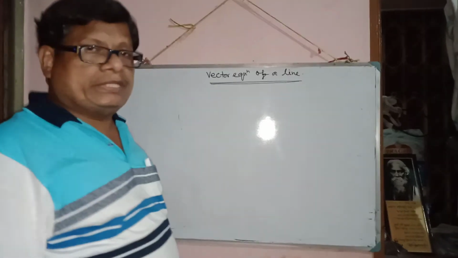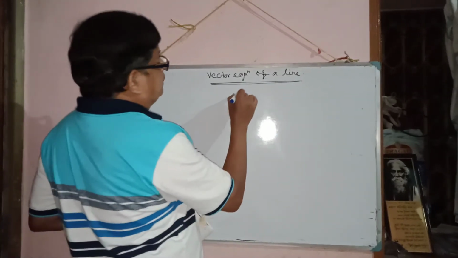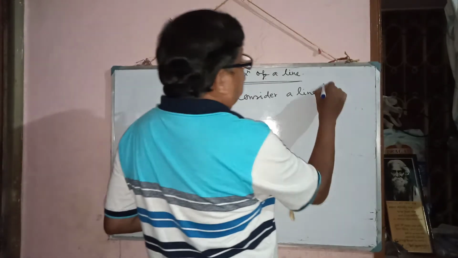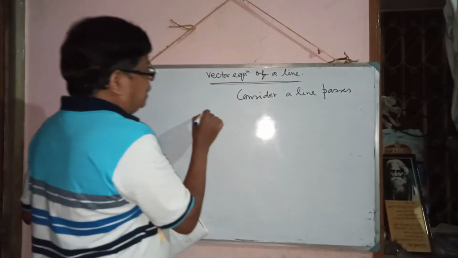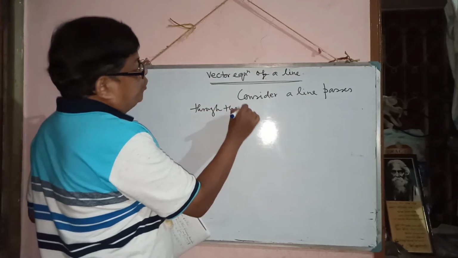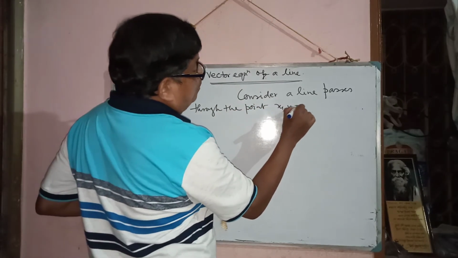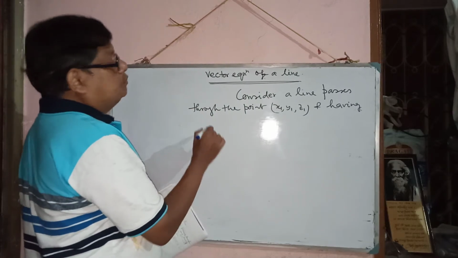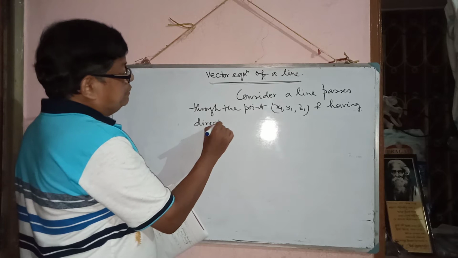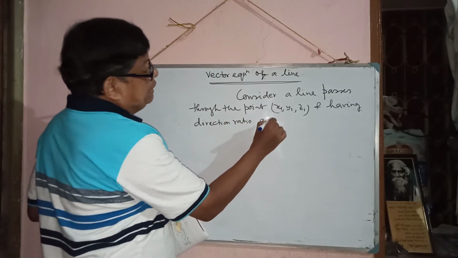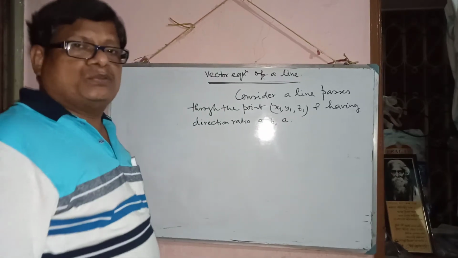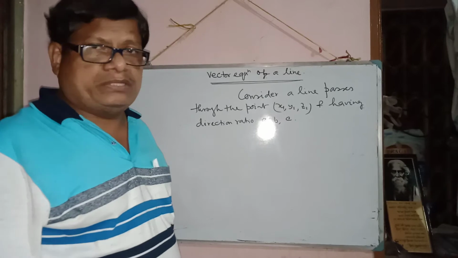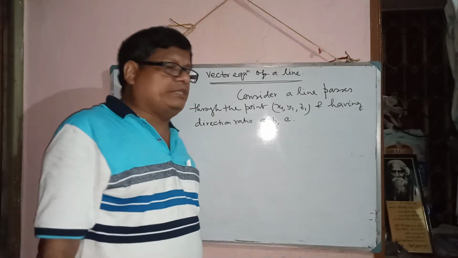Consider a line that passes through the point x1, y1, z1 and has direction ratios A, B, C.